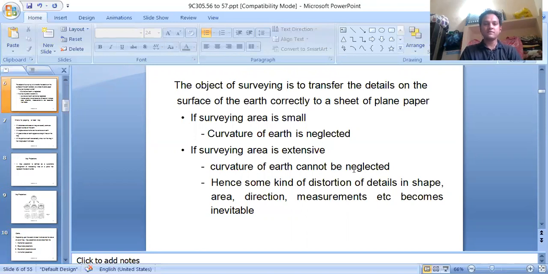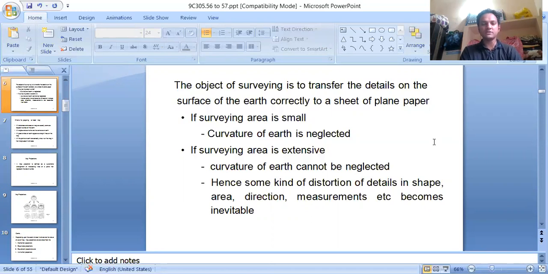The object of surveying is to transfer the details on the surface of the earth correctly to a sheet of plain paper. So here we will do some survey regarding different features of earth, and these features have to be transferred on a two-dimensional paper. If the surveying area is too small, it means we are neglecting the curvature of the earth. It is called plane survey. Where the surveying is extensive and the area is very large, then we cannot neglect the curvature of the earth.